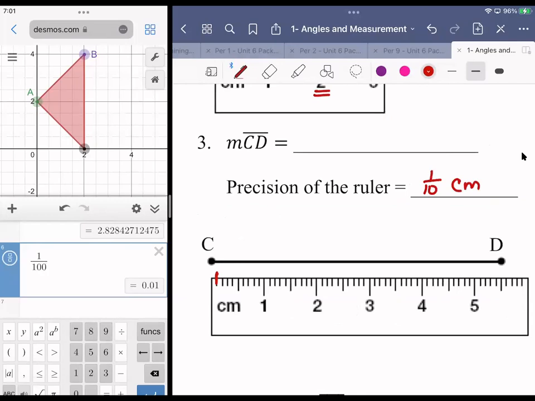So then I'm just going beyond the 5. 1, 2, 3, 4, 5 of those tenths. Or 5 1/2, or 5.5.